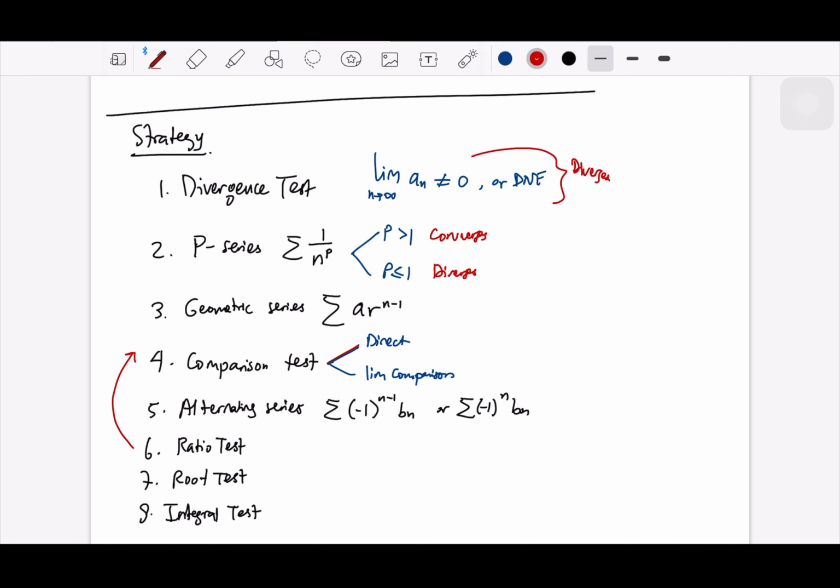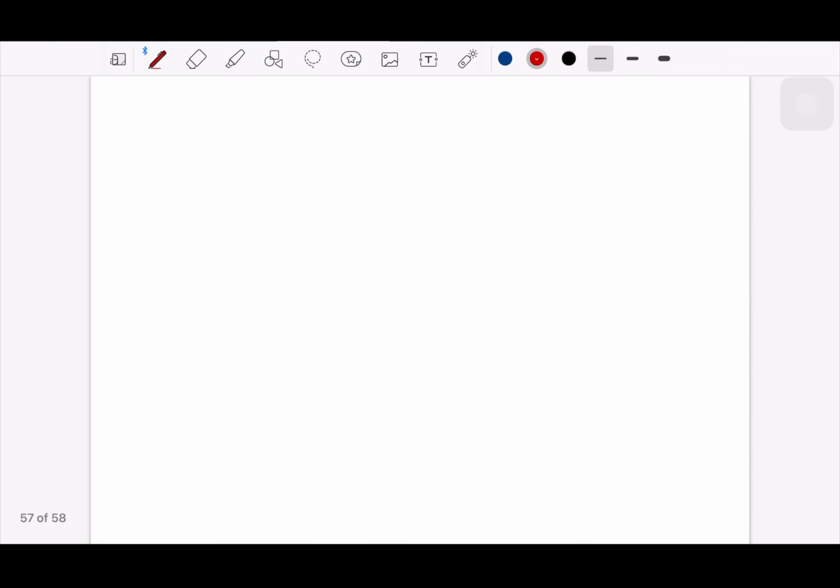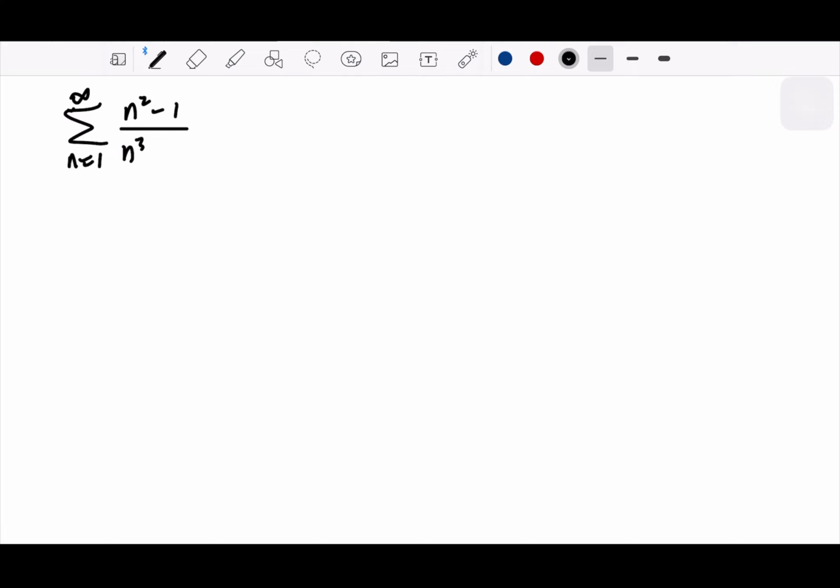Maybe we can try some examples first. So this is just to check whether it converges or diverges.